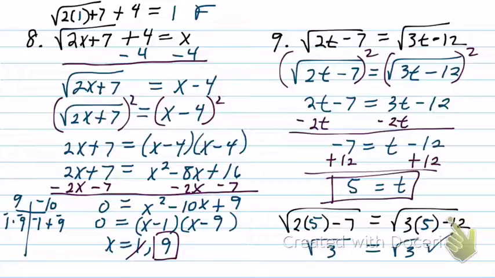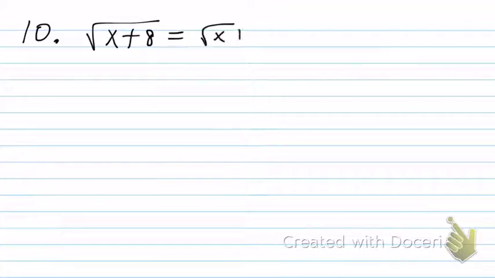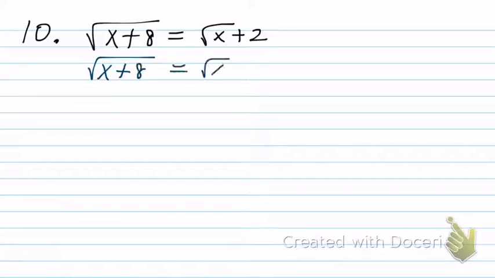Alright, let's do one more, but let's do one this time where you have a radical on both sides, or you have two radicals. So in this problem, the radicals are already on opposite sides, so I don't need to move one of them, but I do need to go ahead and square at this point, so let's go ahead and do that.